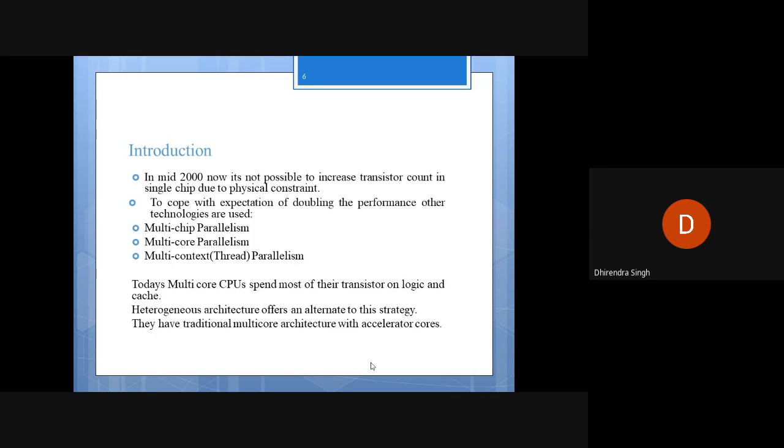Then the third concept is multi-context or multi-threading. With the help of multi-threading, we were achieving parallelism to find the speedup. Multiple threads, multiple contexts were created, and all these threads are sharing the single processor on the basis of context switching.